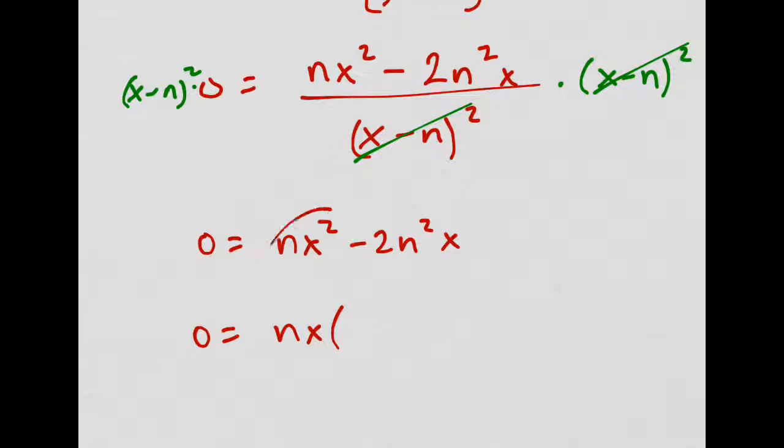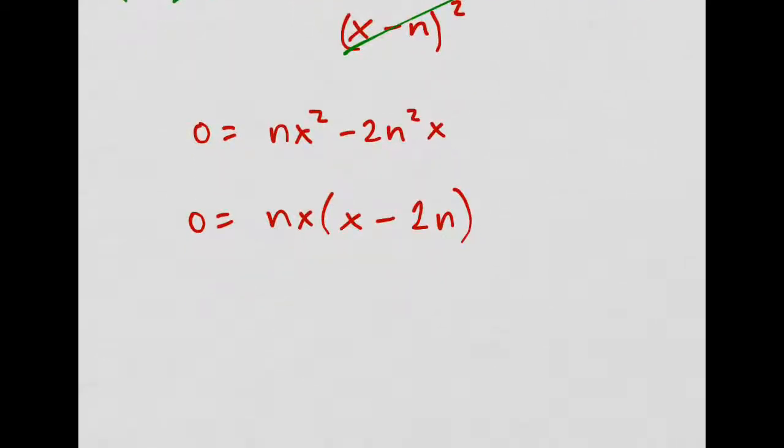This would be just x minus 2n, right? If I were to distribute this back in, nx times x would be nx squared. Nx times negative 2n is the n squared.